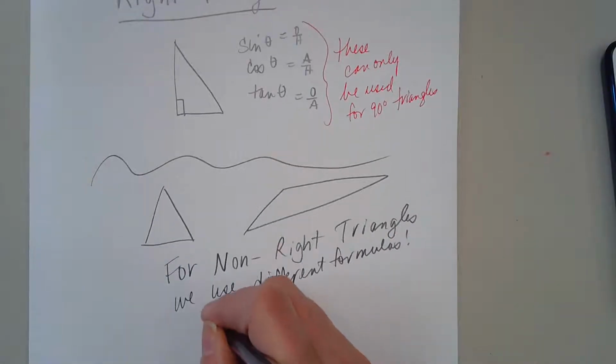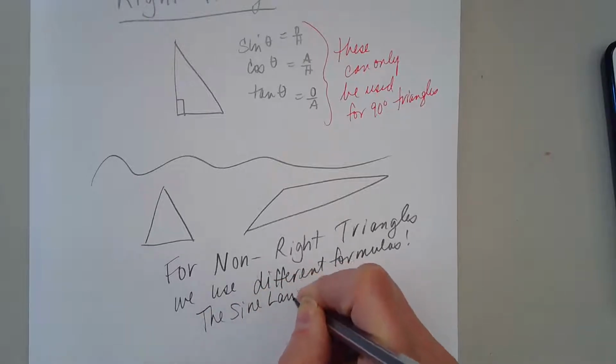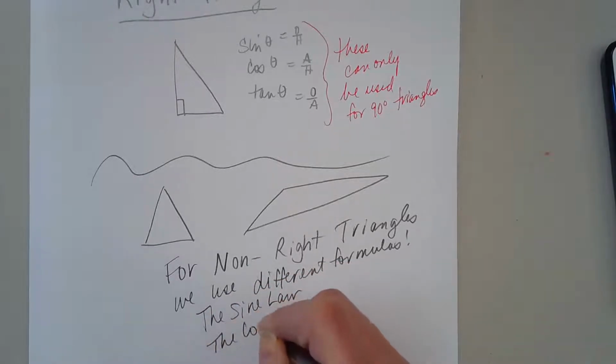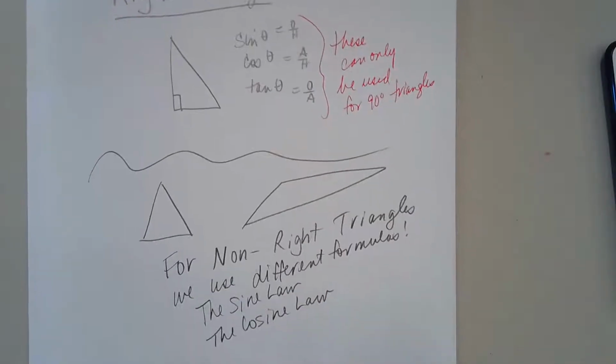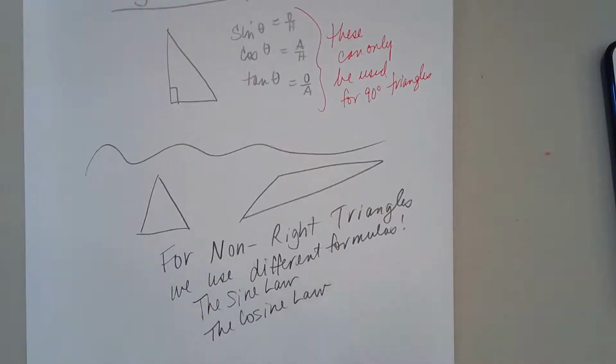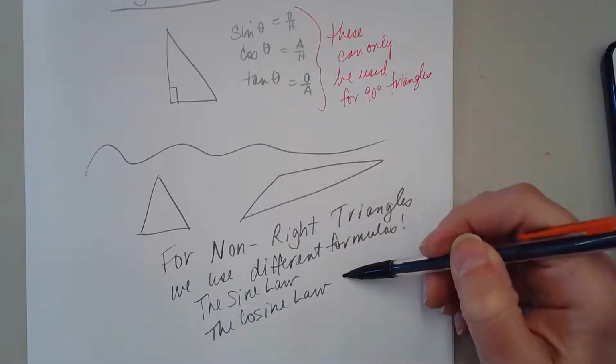So we use the sine law, or law of sines, and the cosine law. There's only one law each, so it's kind of nice in a way. But the beauty is we can use both of those laws to solve for sides and for angles, just like these guys, we use them for sides and angles.